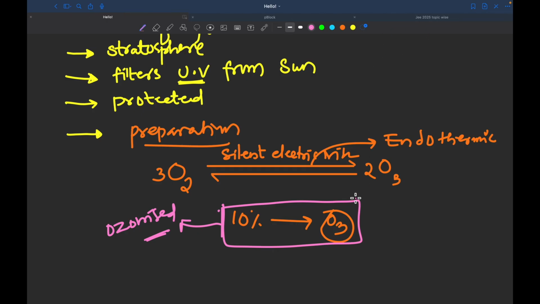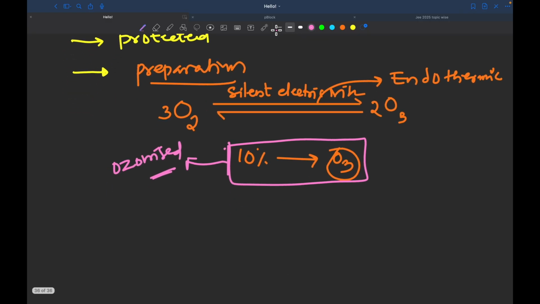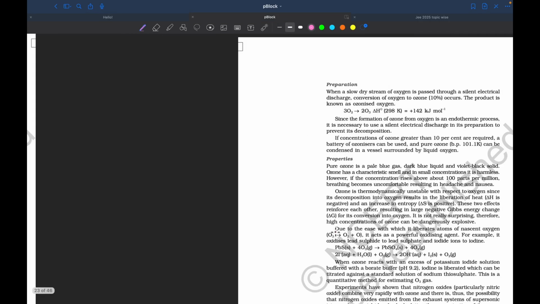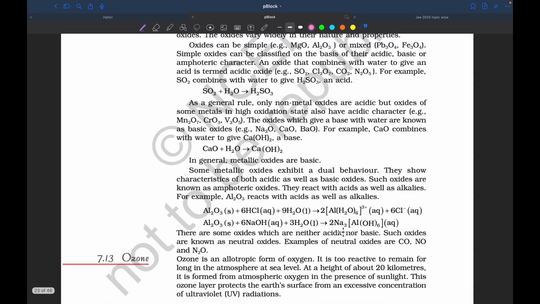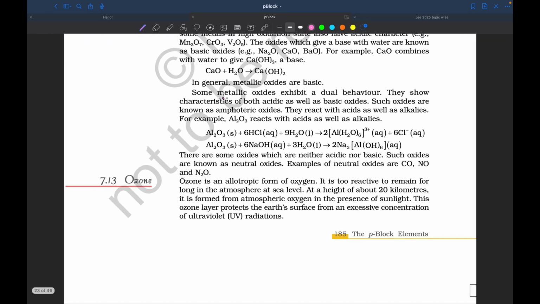Okay, right. Next we'll see the preparation of ozone here. Can you see my NCERT? Can you see my NCERT? So, ozone preparation. Ozone is an allotropic form of oxygen.